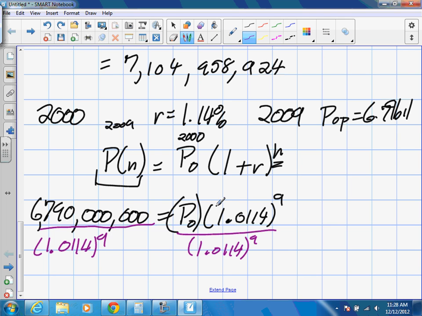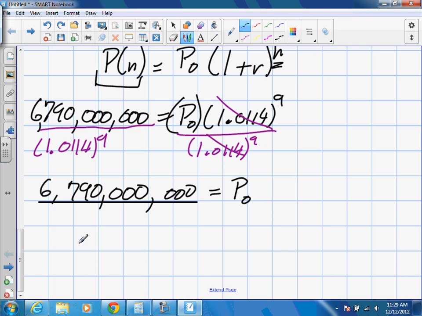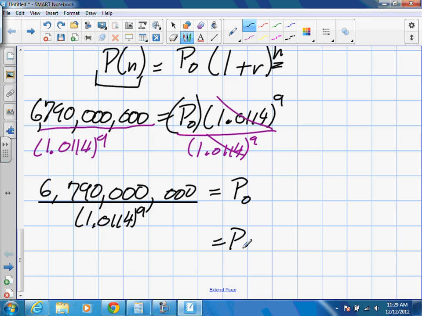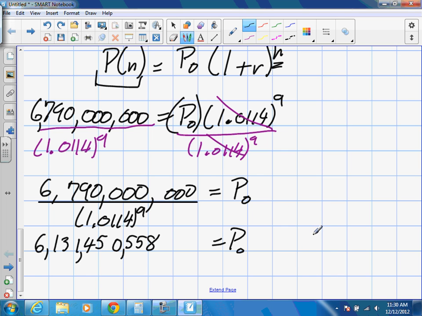So our formula will really read P naught, the population in 2000, is our 6,790,000,000 divided by 1.0114 to the power of 9. We're going to jump on a calculator to figure that out, so we'll pause this for a moment. When we type this in our calculator, we got roughly 6.13 billion, which makes sense. The population was probably not quite a billion, but around 600 million people less 9 years previous to this.